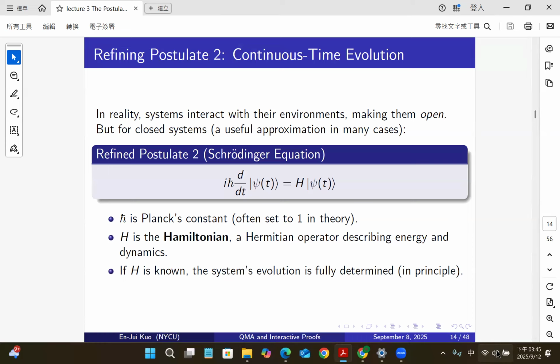Okay, so this Schrodinger equation tells you that if you write it as a differential equation, the solution becomes an exponential, exponential of minus i t times H, if H is time dependent. And this is unitary.